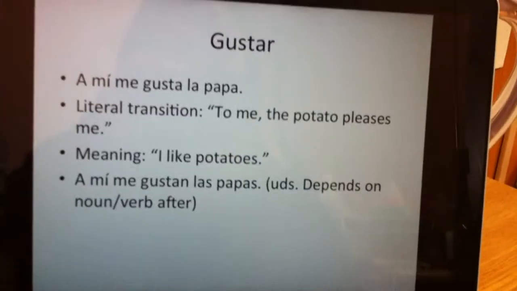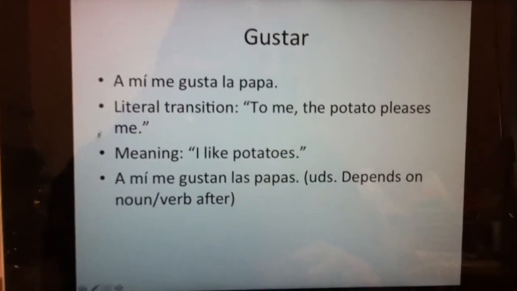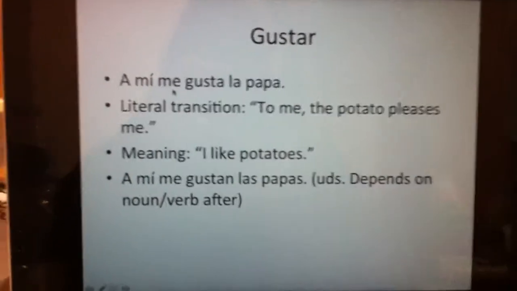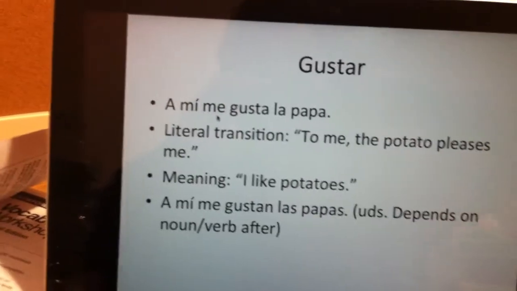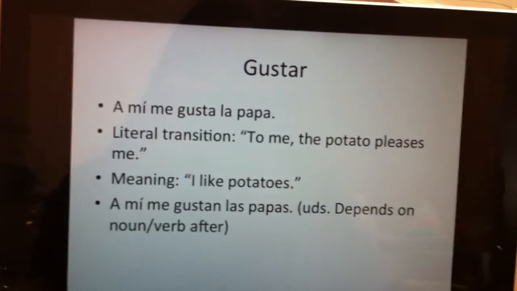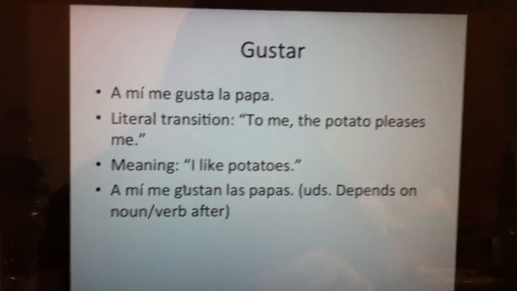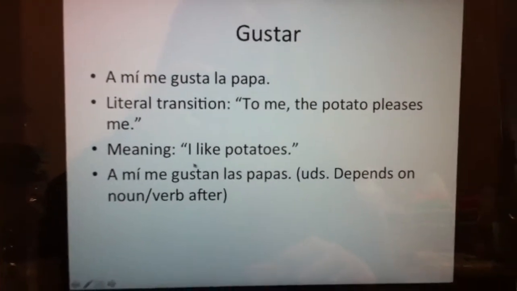And that's just the way you say I like something in Spanish. And it uses the indirect object because the potatoes are pleasing you. So you're receiving the action, or you are being affected by the action.